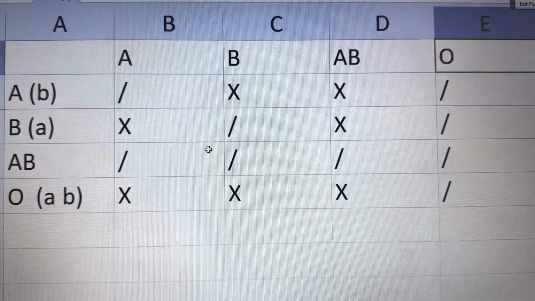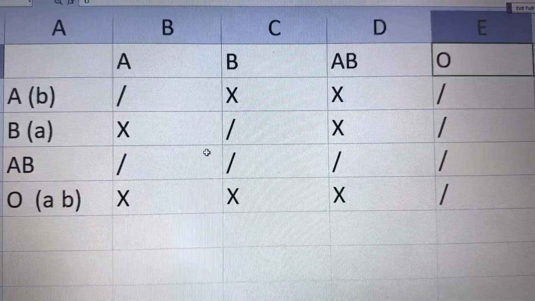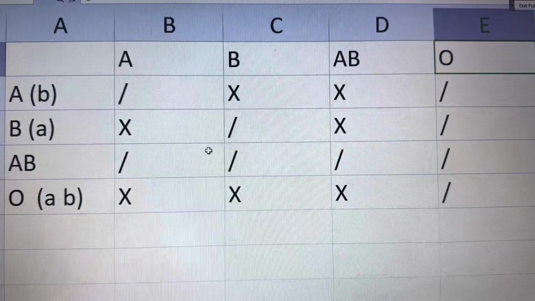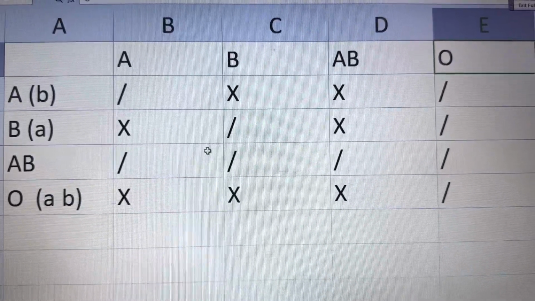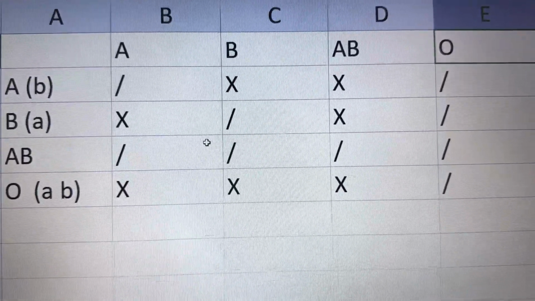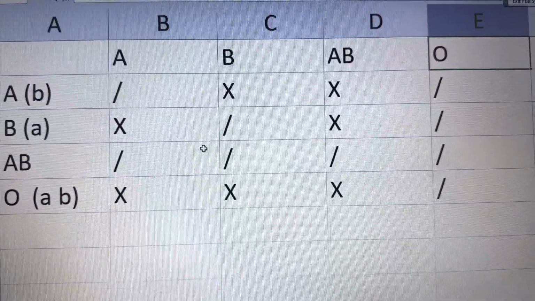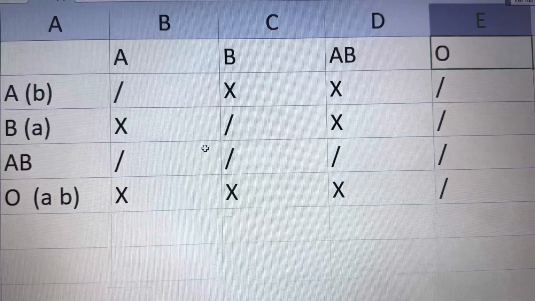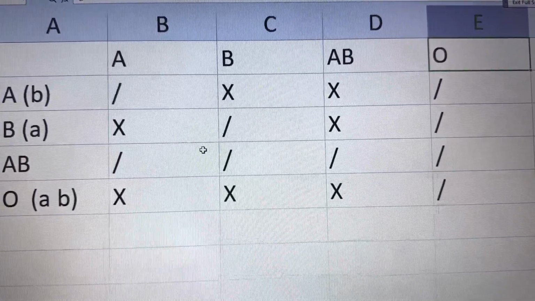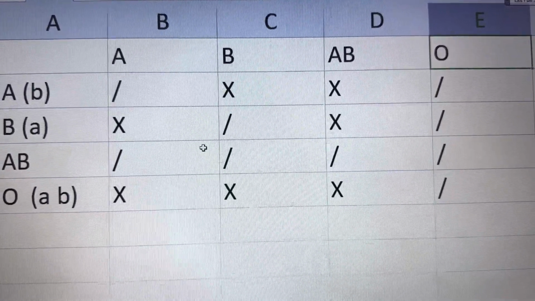A person of blood group O has no antigen on the red blood cells and A and B antibodies in the plasma. So for blood transfusion to happen, a recipient will receive blood from a donor if the recipient has no corresponding antibodies to the donor's antigen.